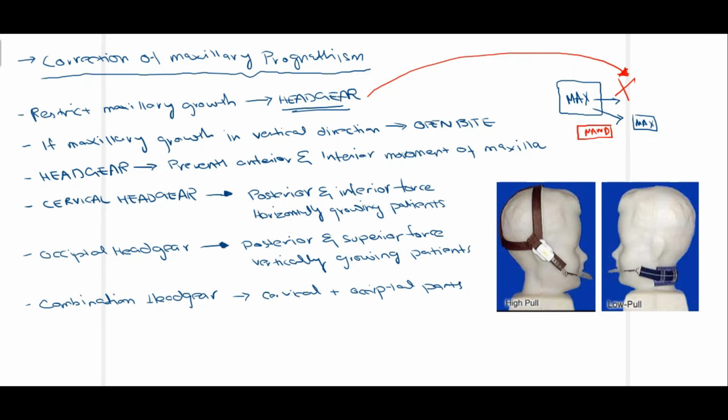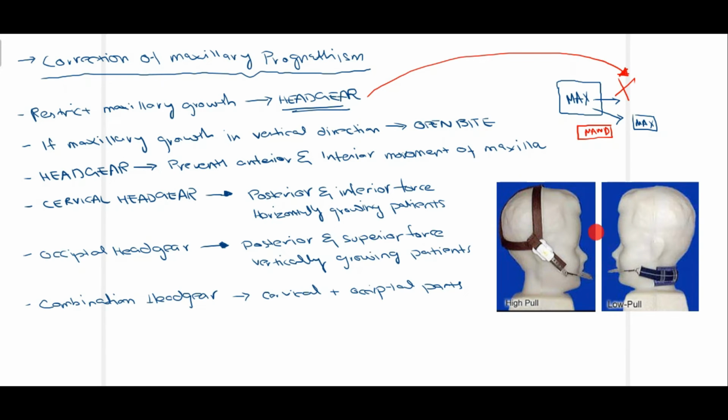Now when maxillary prognathism is present, that is when the maxilla is positioned ahead of the mandible, we have to correct that. To correct that, the most common orthopedic appliance used is called headgear. You can see in this picture that we have three kinds of headgear.